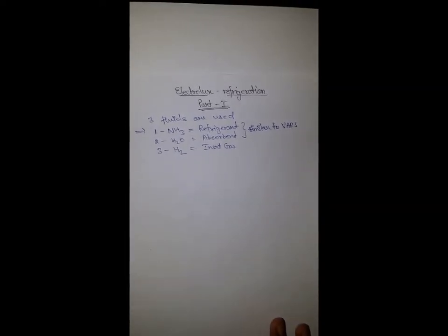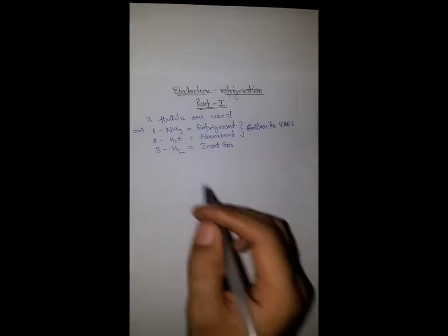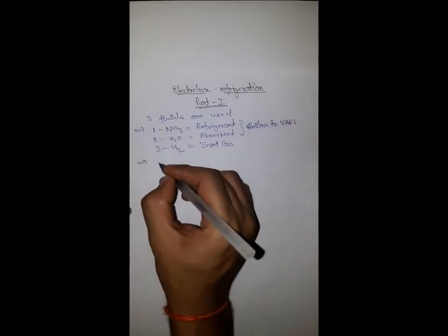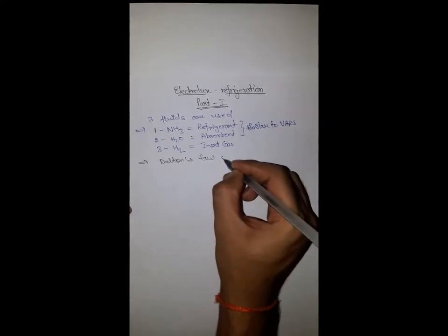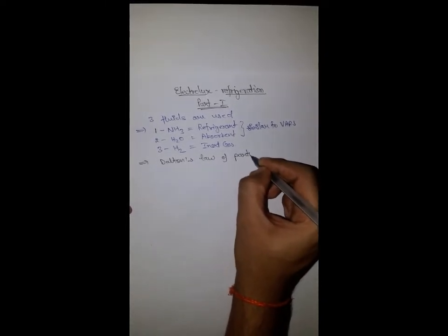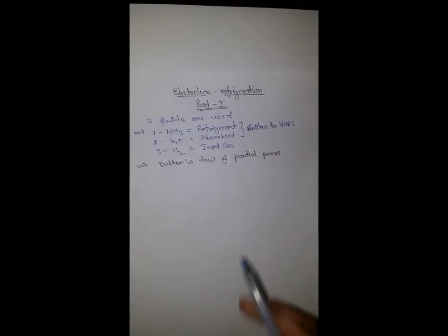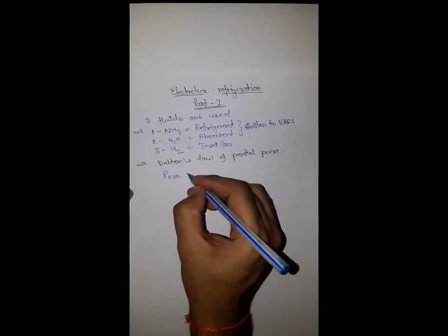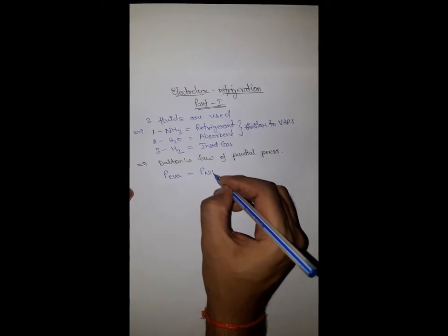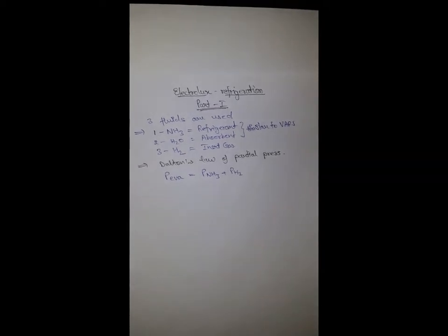Now here a law comes into play that will be used throughout the discussion, that is Dalton's law of partial pressure. What does Dalton's law indicate? It says that the pressure in the evaporator is equal to the individual pressure of ammonia plus the individual pressure of hydrogen gas.